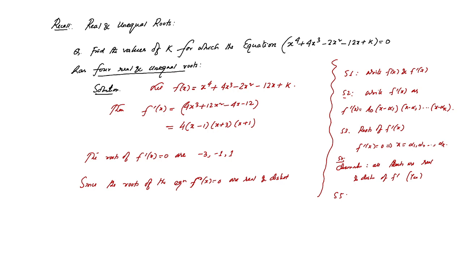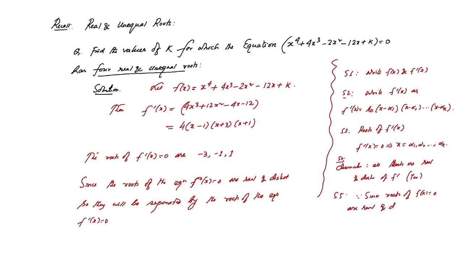The four roots are real and distinct, so they will be separated by the roots of the equation f dash x equals 0. So here you will write: since the roots of f(x) equals 0 are real and distinct, they will be separated by the roots of f dash x equals 0.